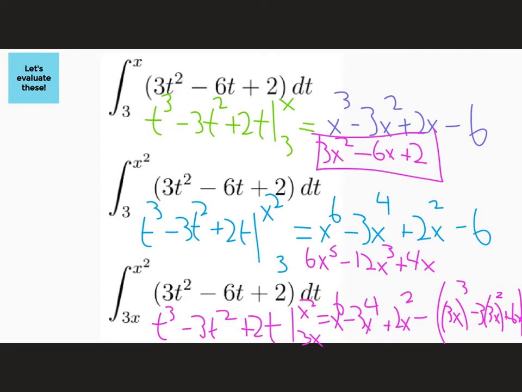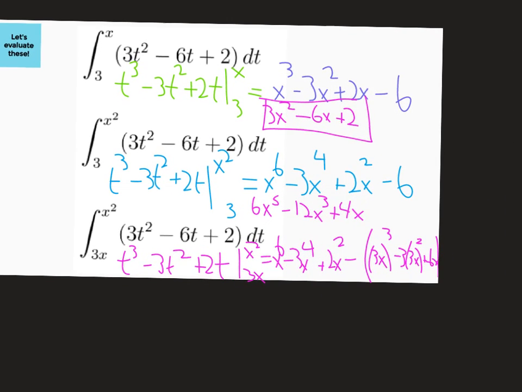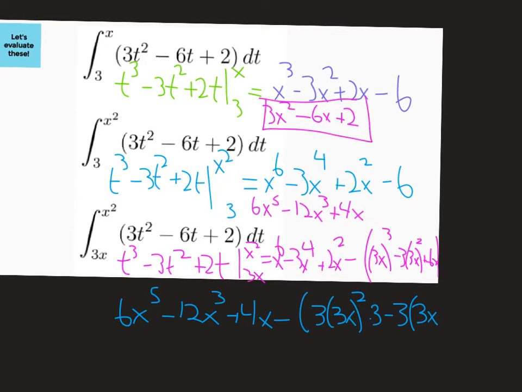The 6 goes away. And then the derivative of the bottom one is going to be 6x to the 5th, 12x to the 3rd, 4x minus 3x squared times 3 minus 3x to the 1st times 3 plus 6.